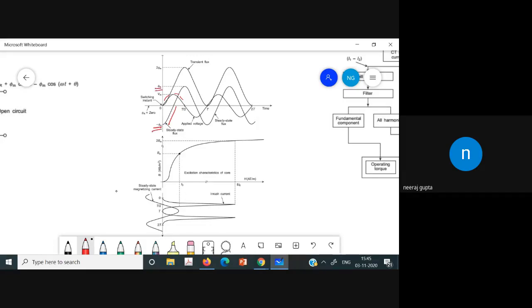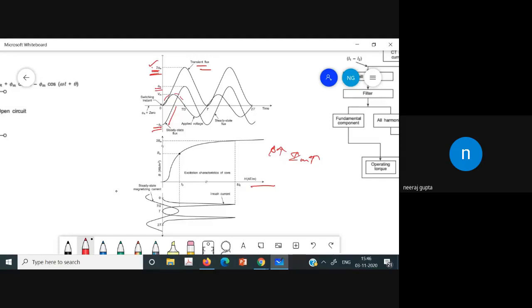Now when we start the transformer from here and the initial residual flux is 0, the rate of change remains the same for the initial period. So a large flux is required, that is 2 times the maximum flux, and this large value of flux drives the transformer into the saturation region. Because if the flux is increased, then the magnetizing current required is also increased.